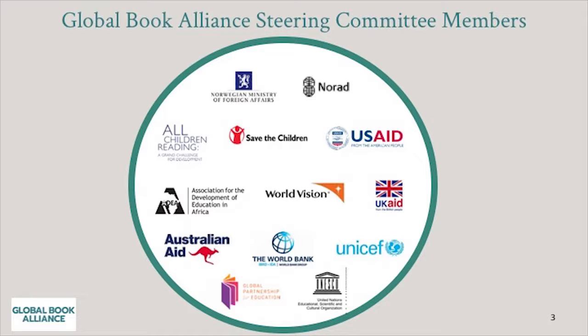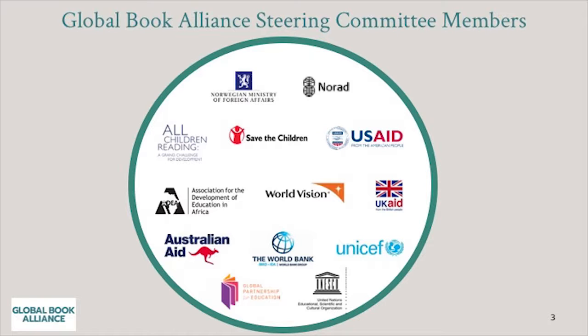As I said, the Global Book Alliance is being temporarily housed by USAID in terms of day-to-day management and operations. But it is a broader partnership of actors working in this sector globally, and it includes bilateral development agencies like USAID, as well as multilaterals, government donors, and others.